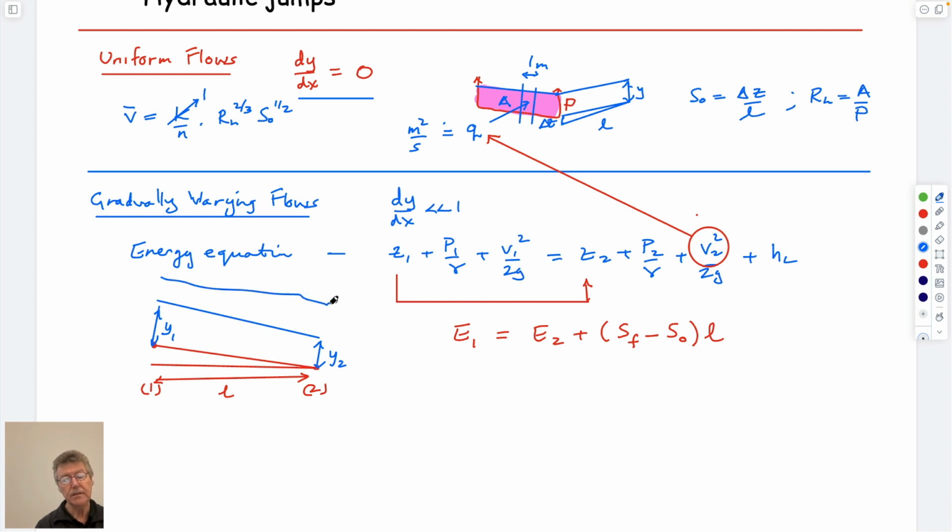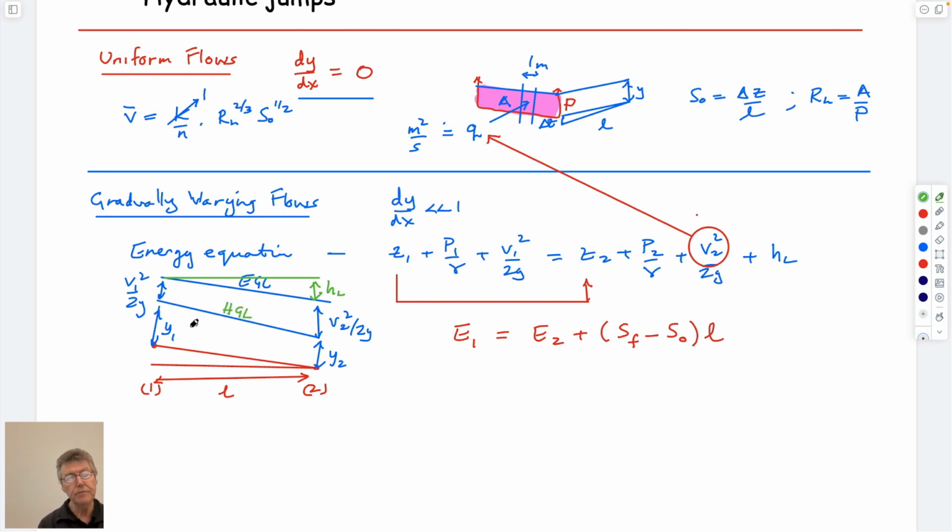And I guess this might be the energy grade line. And so this term here would be V1 squared over 2G. And this term here, which I guess really should be vertical, is V2 squared over 2G. And the horizontal line for constant energy would be this, and this would be head loss.